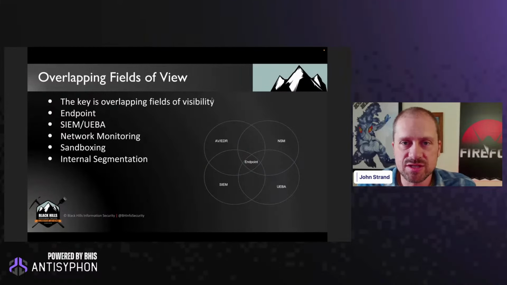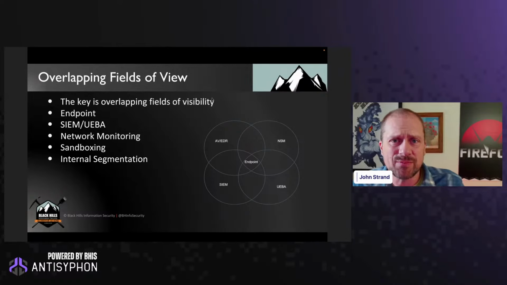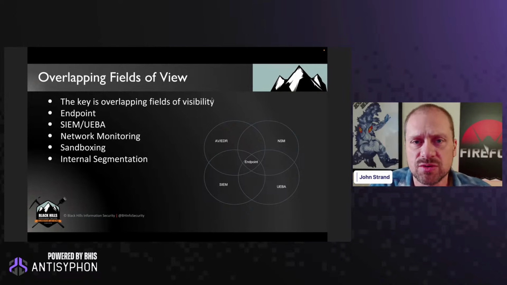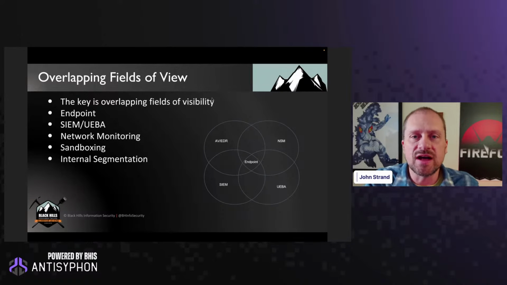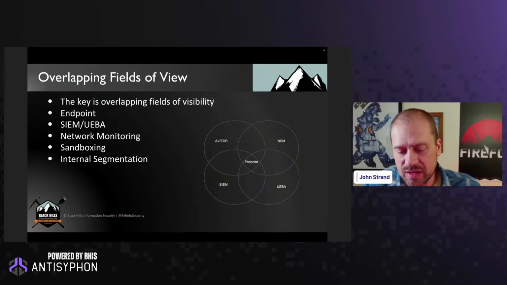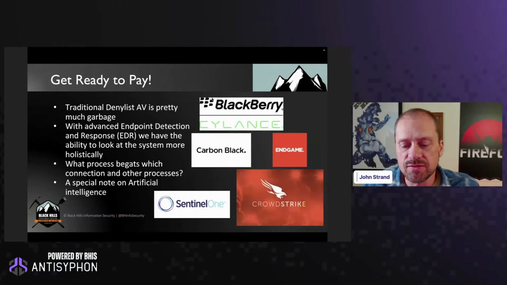They go and buy the most expensive products and say, well, we've got defense in depth, we spent $1 million on computer security. Nope, that's not what it means. What are we going to do to overlap our security technologies to develop that defense in depth architecture? AV and EDR is just one of those components. Now, with this, you do have to be ready to pay.